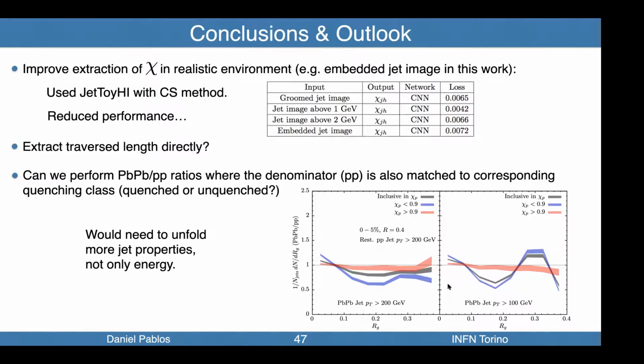These would require unfolding not only the jet energy, but other properties, other measures such as energy flow correlators or some other things that are not necessarily the energy loss ratio, if we want to achieve purely one nuclear modification factor. But this is, of course, something for the future.